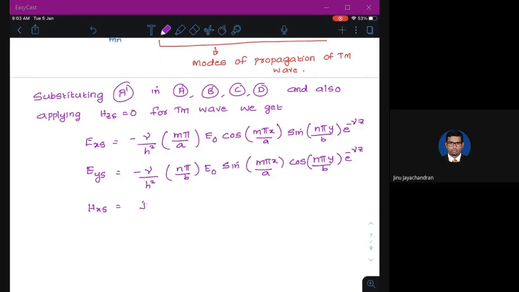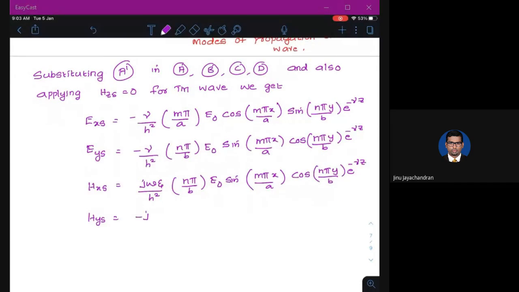HXS is equal to j omega epsilon by h square n pi by b E0 sine m pi x by a cos n pi y by b e raised to minus gamma z.